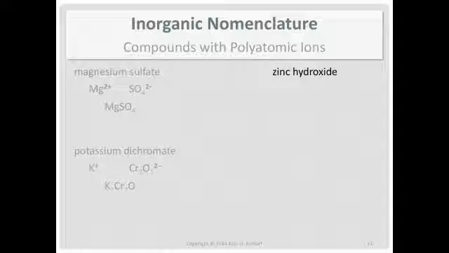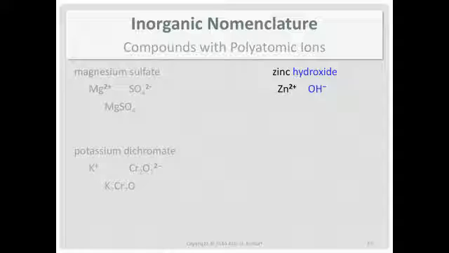And remember, there were cations where you had to remember the charge, not because of the location of the periodic table, but just because they were ones you have to know, and zinc was one of them. Zinc is a 2 plus charge. And then the hydroxide ion has a 1 minus charge. Now here's something different. We haven't done this before.